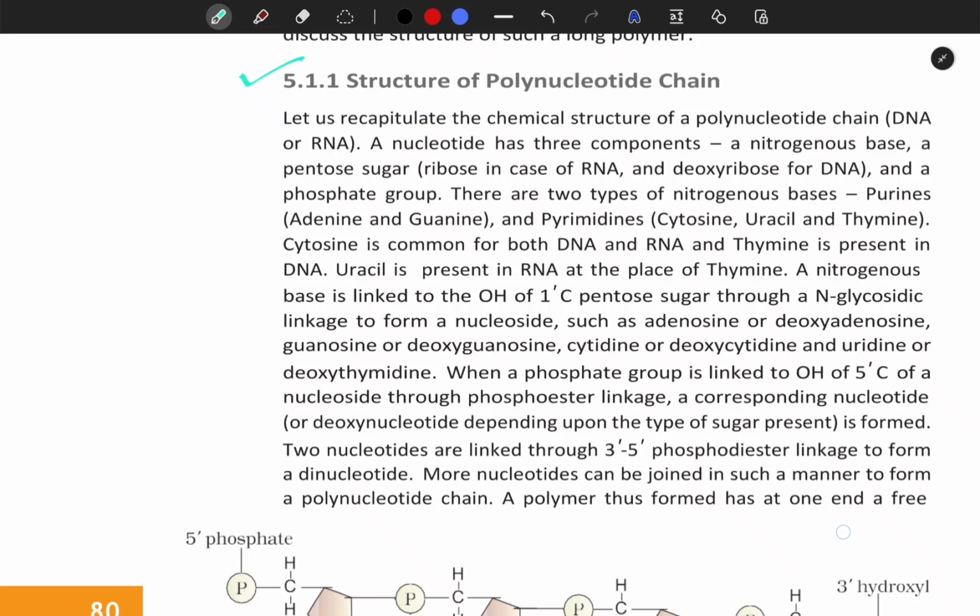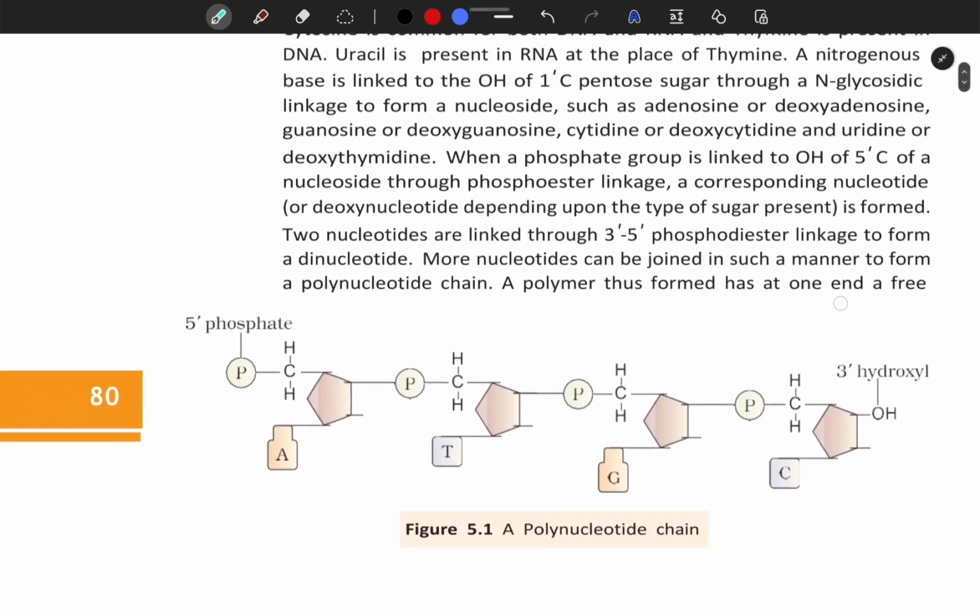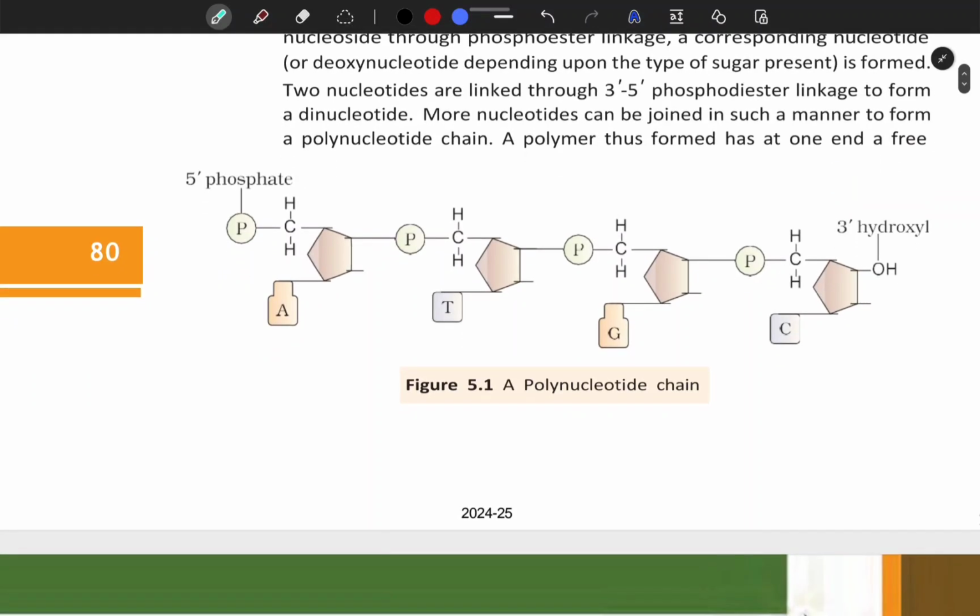When a phosphate group is linked to the OH of the 5' carbon of a nucleoside through phosphoester linkage, a corresponding nucleotide or deoxynucleotide, depending upon the type of sugar present, is formed. Two nucleotides are linked through 3' to 5' phosphodiester linkage to form a dinucleotide. More nucleotides can be joined in such a manner to form a polynucleotide chain.